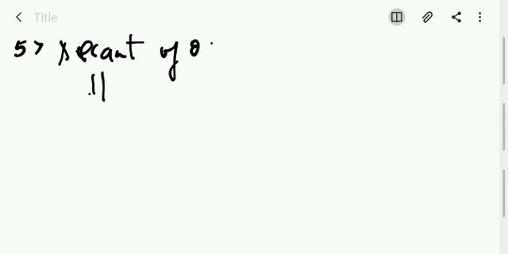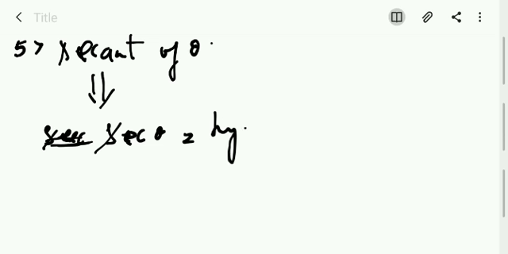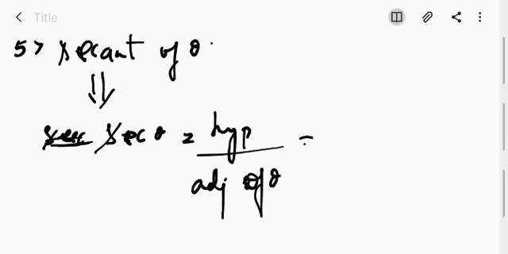And once again, please feel free to use the short form, secant theta, sec theta. Now what is the definition of this? Hypotenuse by adjacent of theta.